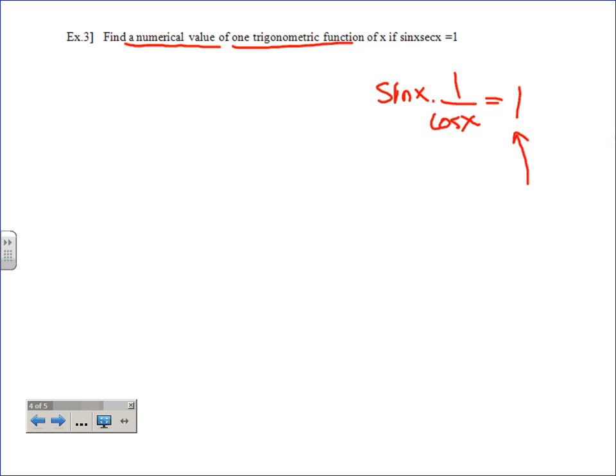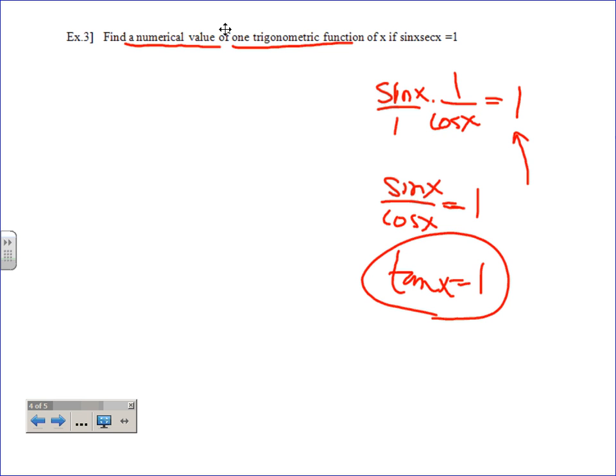So in other words, this is over 1. I have sine of x over cosine of x equals 1. Have I met the criteria yet? Am I close? I'm very close now, because I'm going to write tangent of x equals 1. It's just giving you more criteria to kind of make you try and hone in your skills a little bit, is all it is.